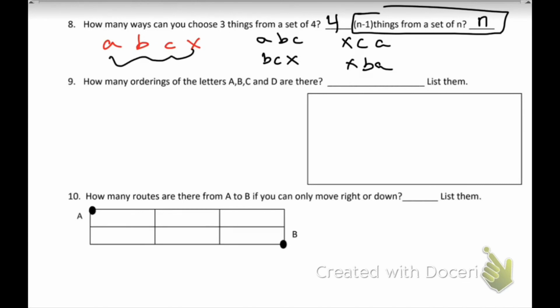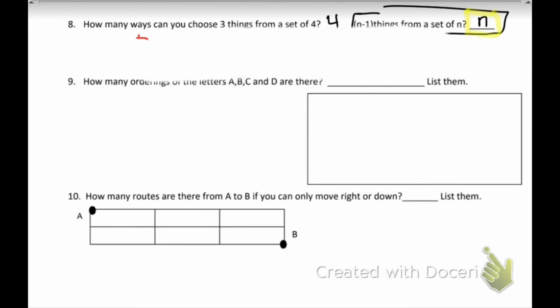So I have 4 items here. I was trying to pick 3 items from 4. So therefore, if you have that situation, there's going to be n different ways to do it. So 4 different ways to do it in this case. So let's say really quickly, if you had 5 items, you're picking 4, that's n-1, there would be 5 different ways to do that.